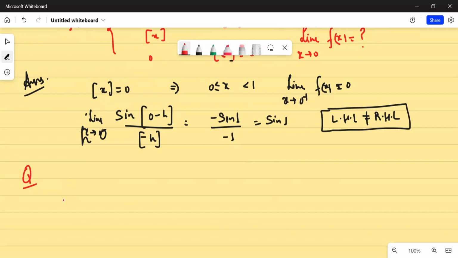If you can do this, then I want you to find limit x tends to 1 of modulus of x cube minus x divided by x minus x cube.